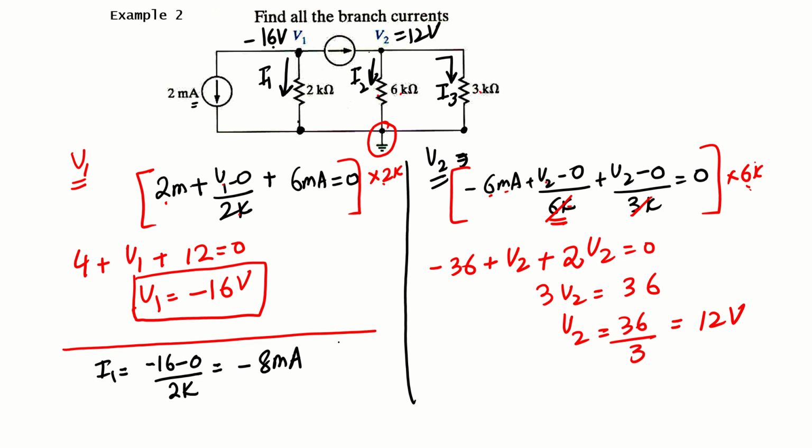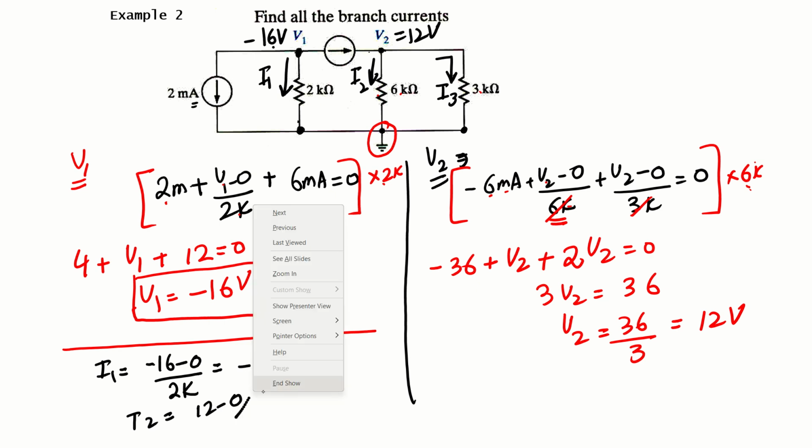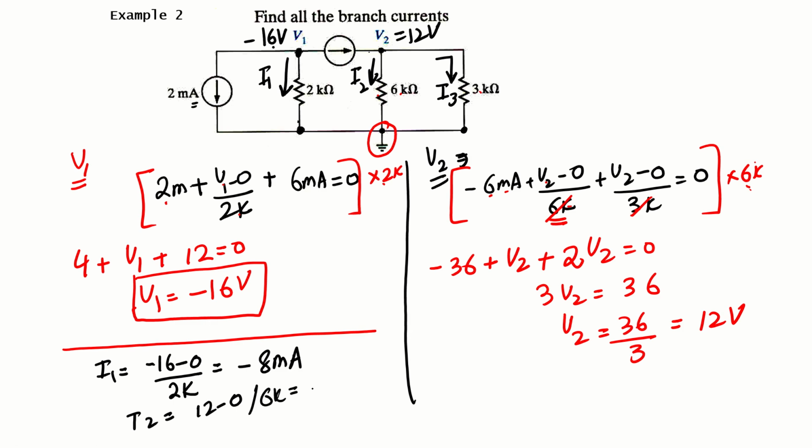Let's calculate I2, with the same principle. I2 will be this voltage 12 minus the second node, divided by 6k. That gives me 12 divided by 6, which is equal to 2 milliampere.